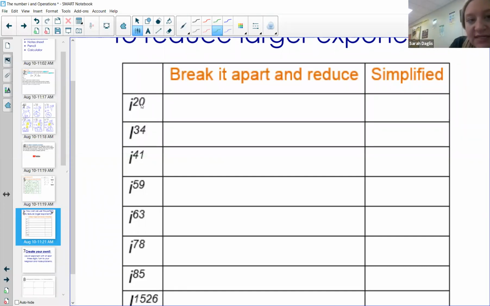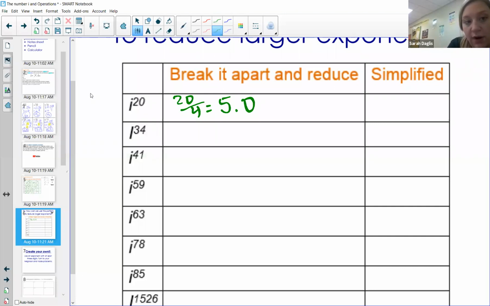So what we're going to do is take 20. I want you to divide it by 4. When you divide 20 by 4, we get the number 5. It's actually 5.0, right? That 0.0 is what's going to help you simplify your i, because that's going to be your remainder over 4.